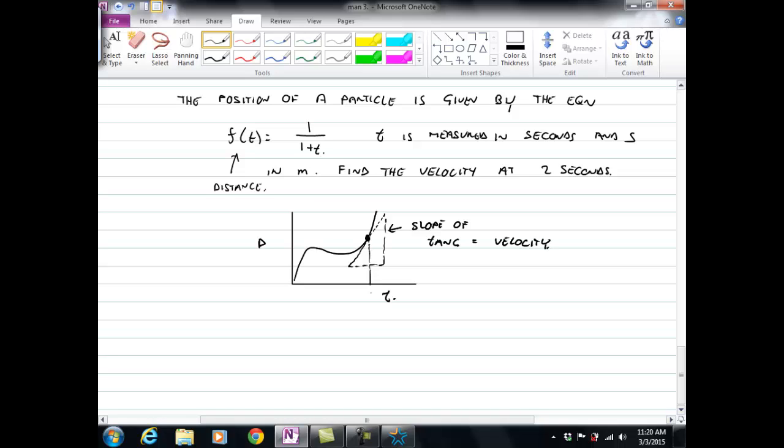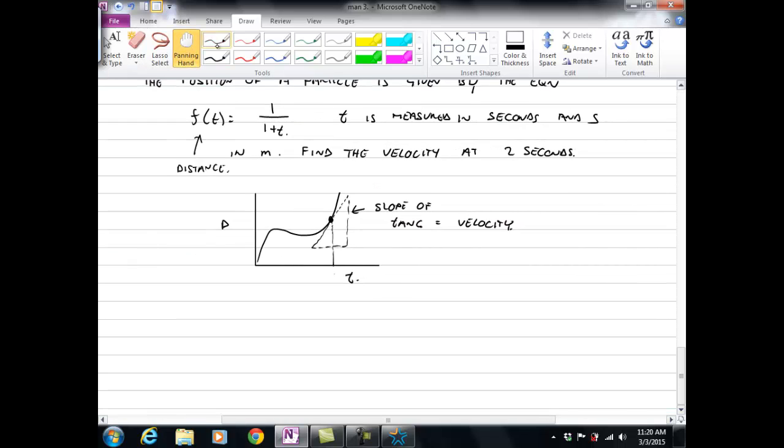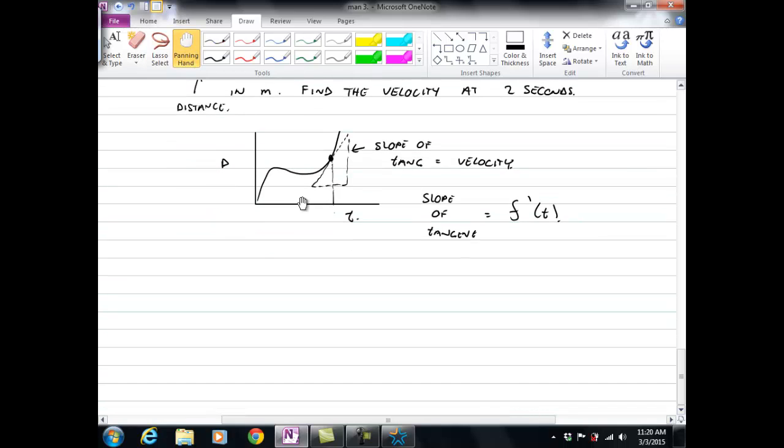Then, if I want to find the slope of the tangent, would you agree slope of tangent equals f prime of t? Because slope of the tangent is known as doing the limit approach, and the limit approach is also known as f prime of t. So really, find f prime of t for me. Go.